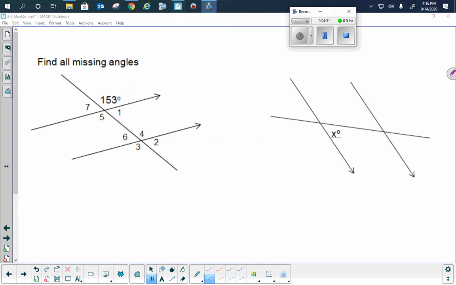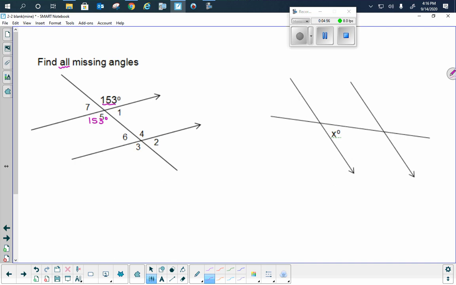All right, so when you see these problems that say find all missing angles, we're being very literal with the word all. Okay, so in this first picture, I see 8 angles. They need to all be labeled. So this first one was given to us, and I'm going to mark that it is vertical to angle 5. Vertical angles are always equal, so I know this is also 153 degrees.